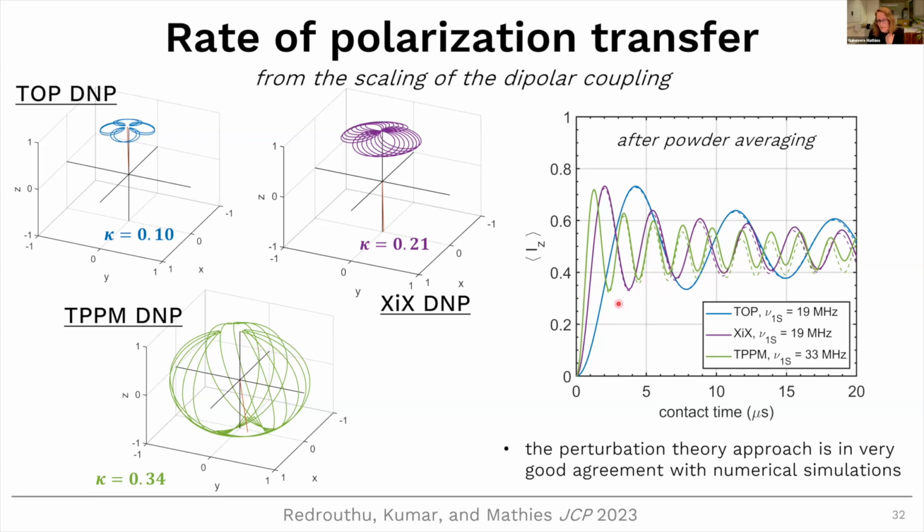So what you see now is, as expected, that the transfer is the slowest for TOP DNP, followed by XIX, and the fastest transfer is for the TPPM sequence, in agreement with the analysis of the trajectory that we imposed with the three different sequences. The solid line here is what we calculated following our perturbation theory approach. And you see here also a dashed line, and that was done using numerical simulations. You see that the two approaches match really very well, which is also a confirmation that we did our theoretical treatment correctly.